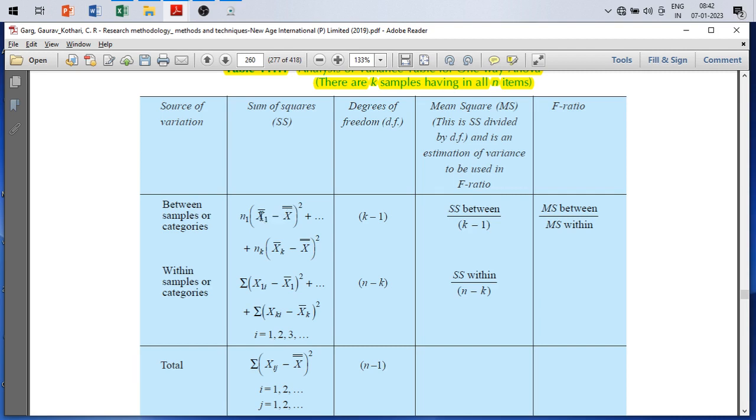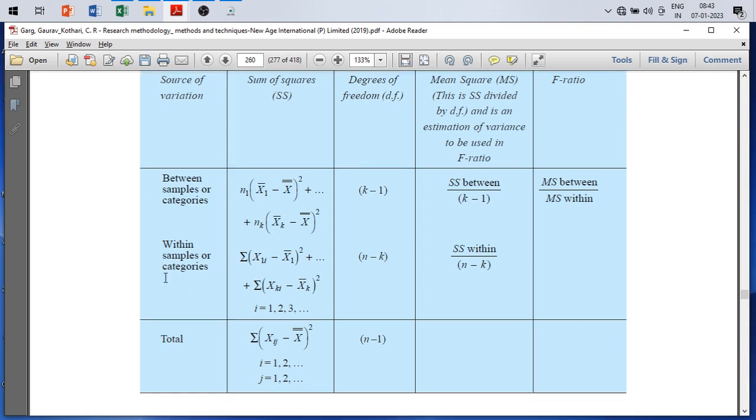So the group mean minus total mean, square of that, and n1, the number of values in that particular group, because you have to add the same thing for each value. Like that we do for each group, so this becomes SSB.